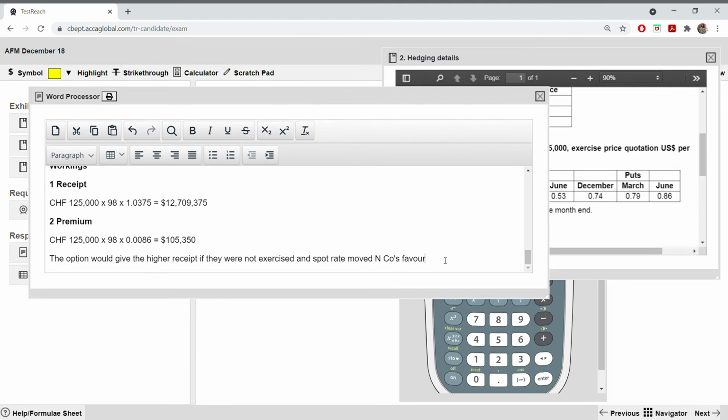If the company allowed the option to lapse, lapse means they are not exercising, okay? It would obtain the same receipt as under futures.